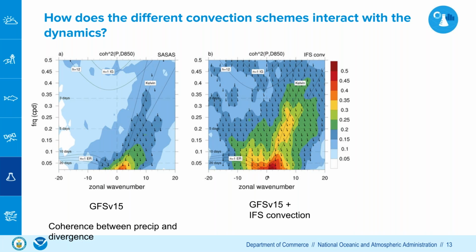You can see that comparing the GFS version 15 with the GFS version 15 that has the IFS convection scheme, you have much stronger coherence squared between the precipitation and the divergence here at 850 along these wave modes. So I think having convection reach deeper is an important part for that interaction.